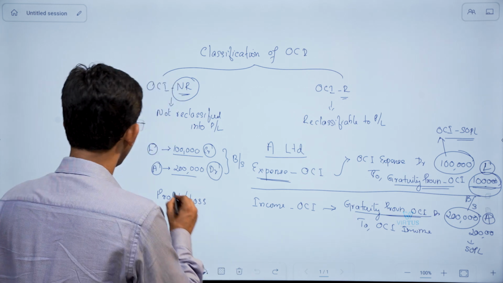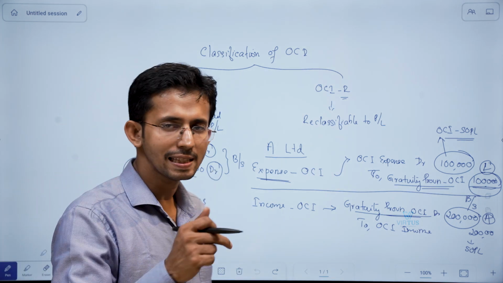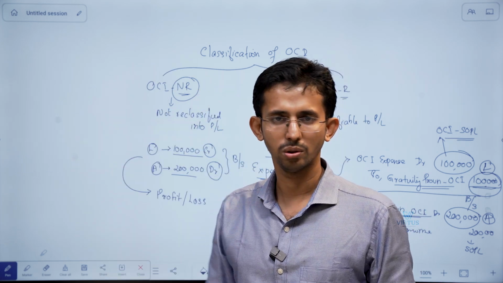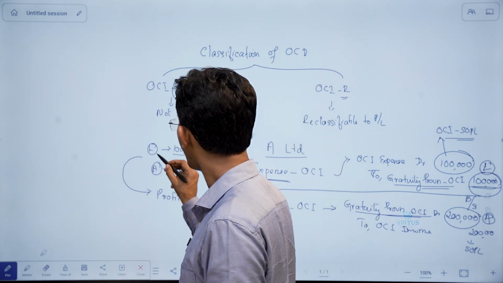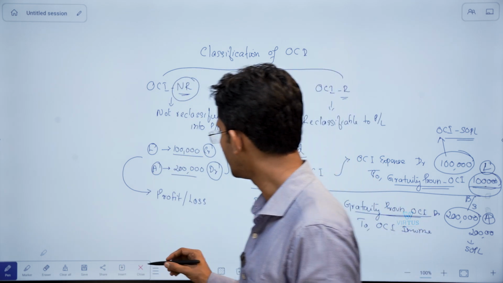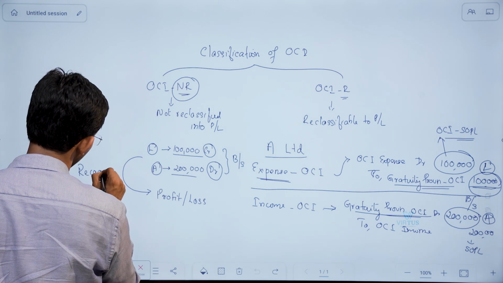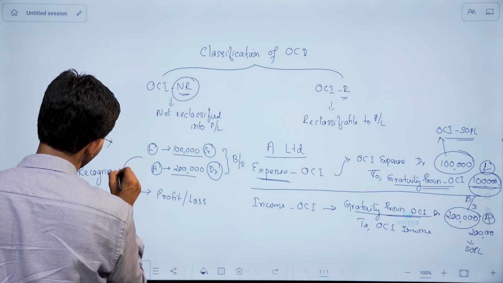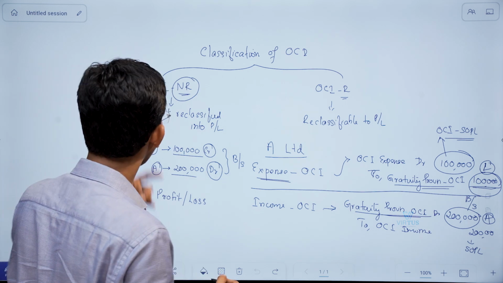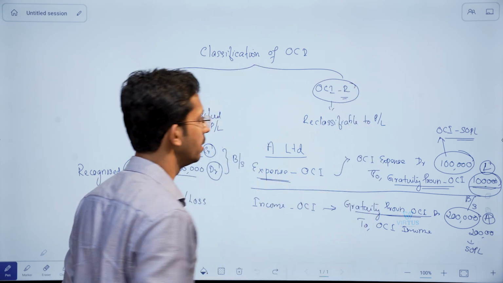So if the de-recognition of the OCI from the balance sheet results in recognition in profit or loss, such OCI items are known as OCI reclassifiable.